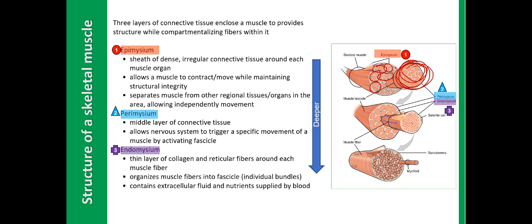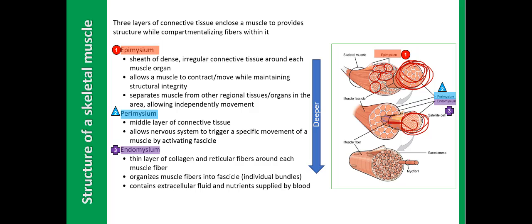And the finest layer of connective tissue is the endomysium, and you can see here that the endomysium covers each muscle fiber. So this is the endomysium, and this is a muscle fiber here.